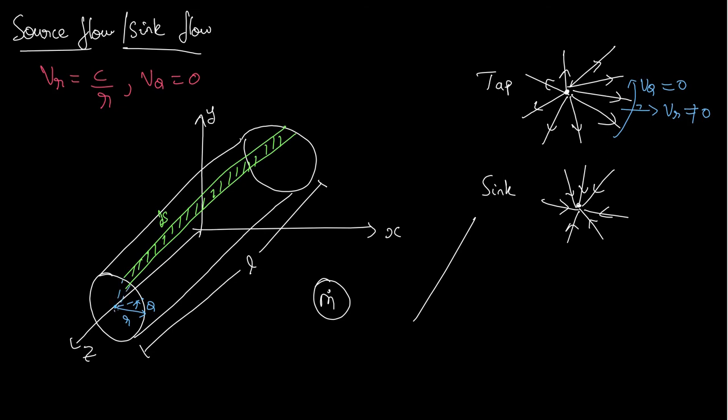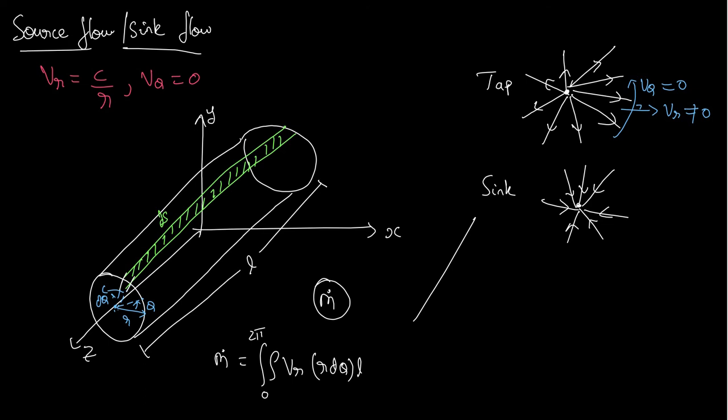So this is my d theta, and this is my r. You all know that. If I try to write the mass flow rate equation, it is the integral from 0 to 2 pi, because theta is a variable here, of rho, that is the density, v r, the radial velocity, and r d theta, which is the length of this ds element, and L, that is the length.